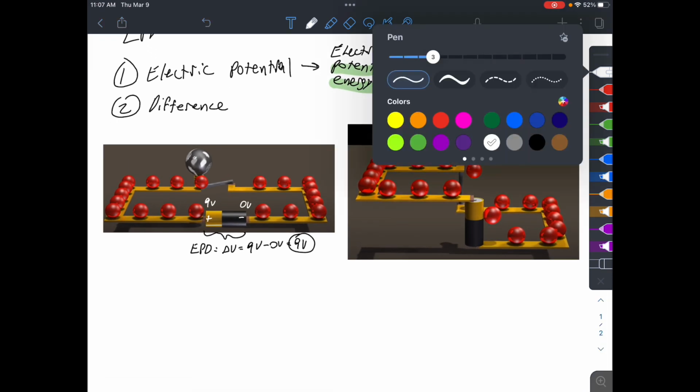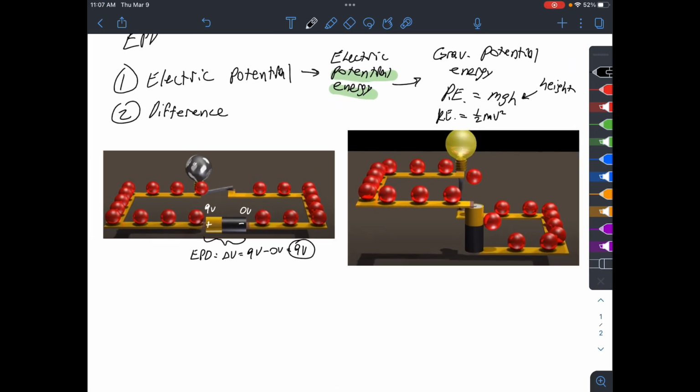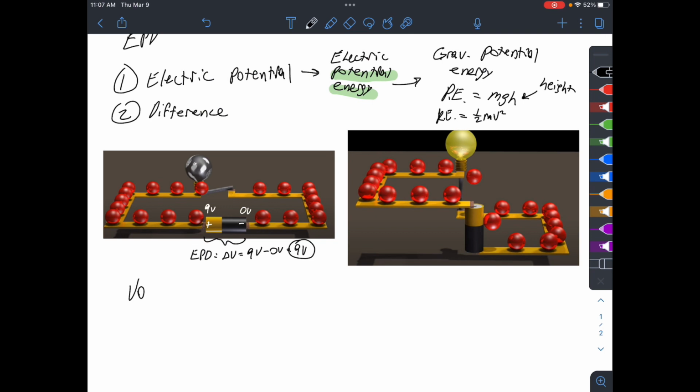The units of electric potential difference are volts. Volts, which is the same as joules per coulomb.